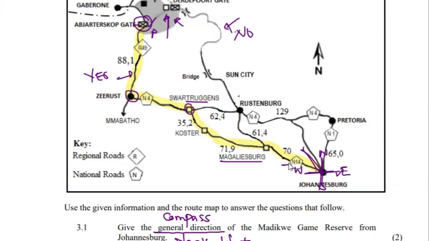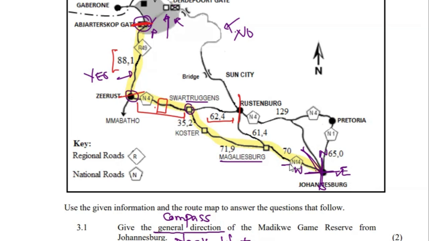So the total distance from here to this gate here, it's given. The distance in between these towns, that's what we are going to look for. It's unknown, we shall say it's an empty space. Then this one here, it's given. This is the distance from this town here to the gate. It's 88,1. Whereas from Rustenburg to Center, it's 62.